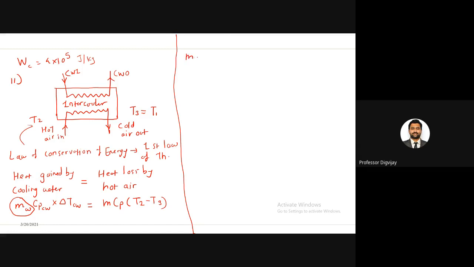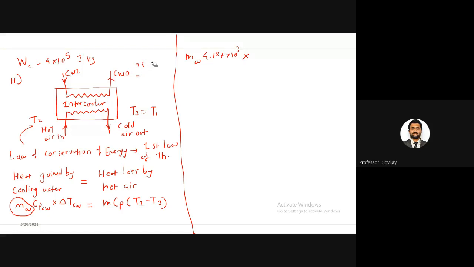So I will write down the known values. The specific heat for the water is 4.187 kilojoules, so 4.187 into 10 to the power 3, into delta TW. The increase in temperature of cooling water is given as 25 degrees Celsius.